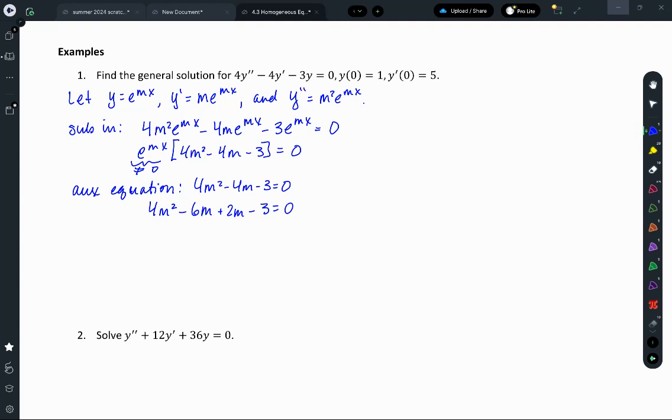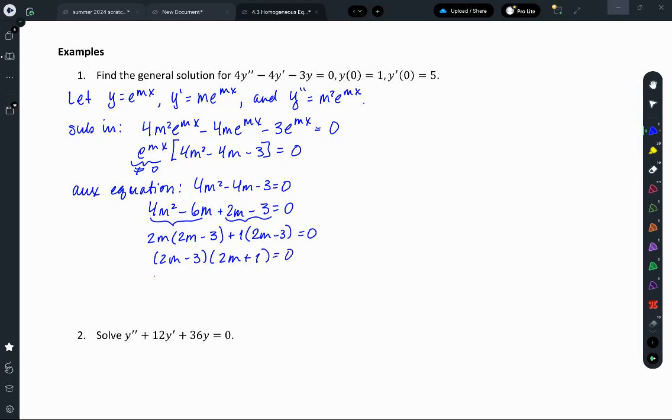Okay, so factoring by grouping, I focus on the first two items and then the last two items. The first two terms have a 2m in common, and that leaves behind a 2m minus 3 when I factor out the 2m. The second two terms have a 1 in common, and that leaves behind 2m minus 3 when I factor out the 1. And now I have two terms again. They have a 2m minus 3 in common, and that leaves behind a 2m plus 1.